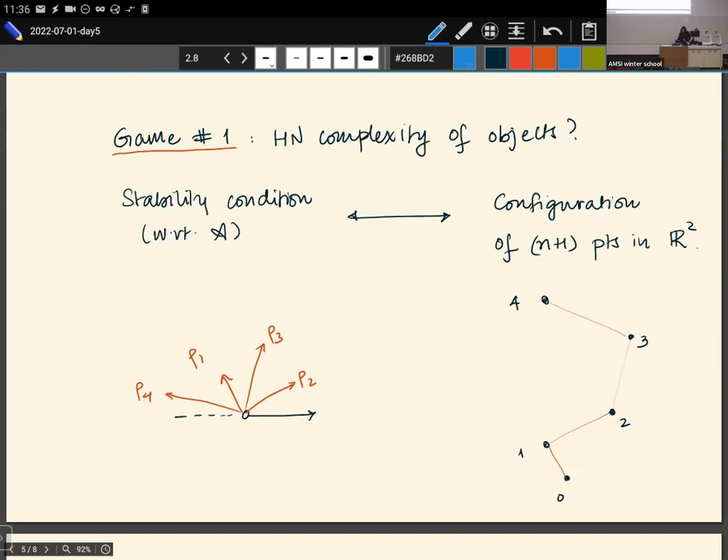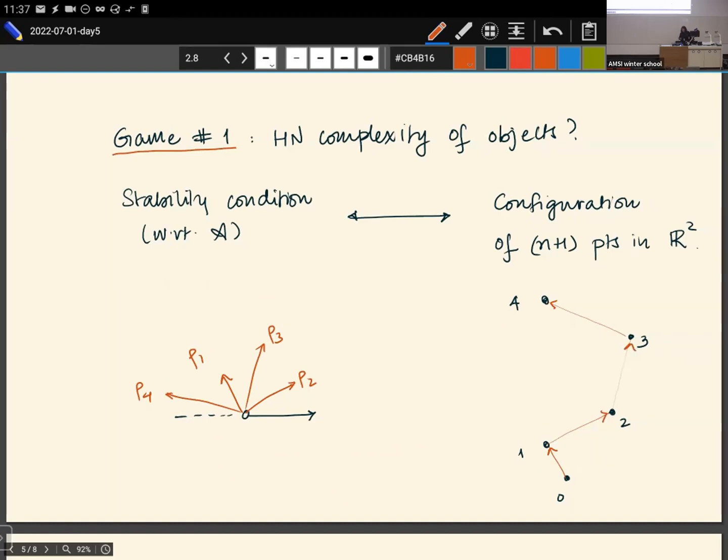And now how do I get a configuration of points out of it? Well, I start off with some point, and then I start drawing my vectors P1, P2, P3, and P4. So I just trace them in a straight line.